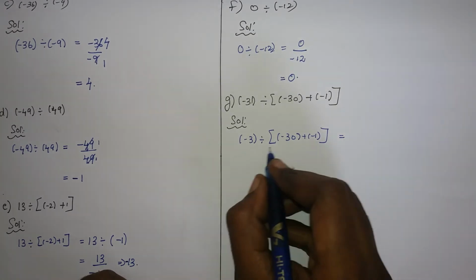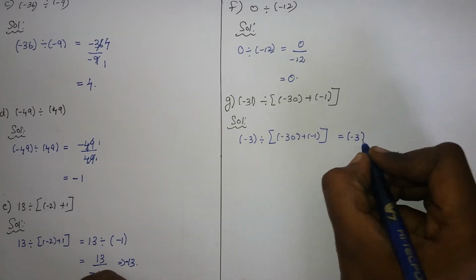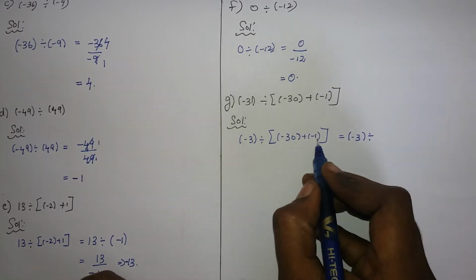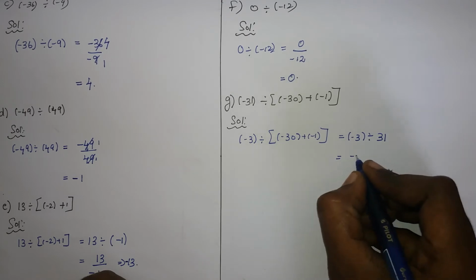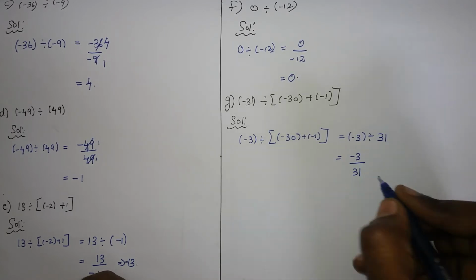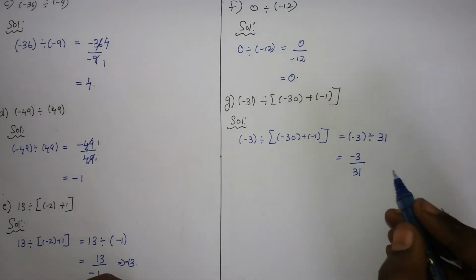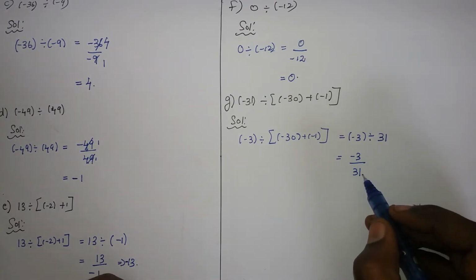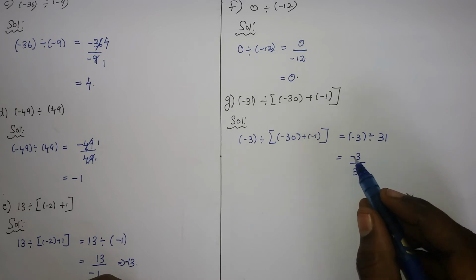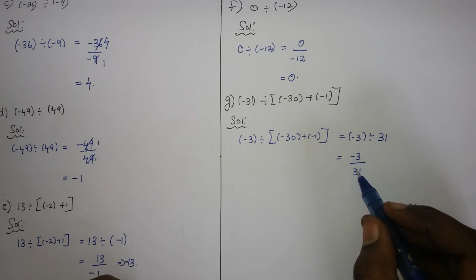I am going to solve the first bracket part, that is minus 30 minus minus 1, minus minus is plus, so 30 plus 1 is 31, so minus 31 is my answer. Minus 31 divided by 31. We can't reduce this fraction, so keep it as such, that is my answer will be minus 3 by 31.